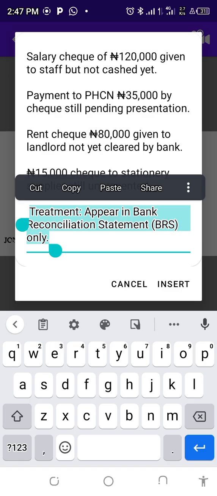The first section is adjusting the cash book for correction of error. And the second segment is the reconciliation segment. Unpresented cheques are treated in the reconciliation segment. Unpresented cheques have nothing to do with the adjustment of the cash book.